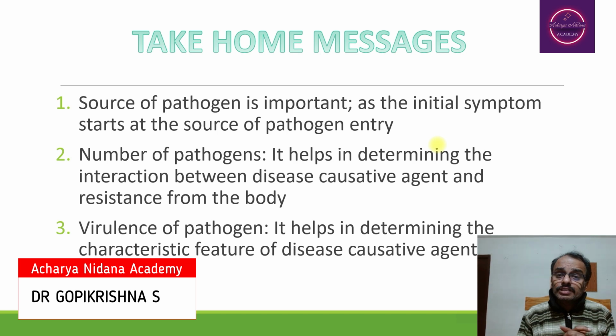Virulence means how potent it is to produce pathogenic events. If the virulence is mild, the person may have a milder form of the symptoms of the disease. If the pathogen is much more virulent or much more potent, then that may be responsible for a severe form of disease manifestation.